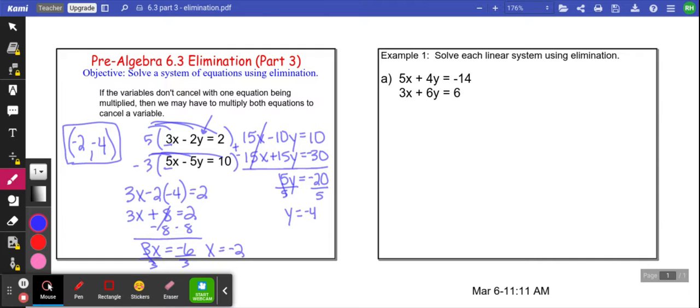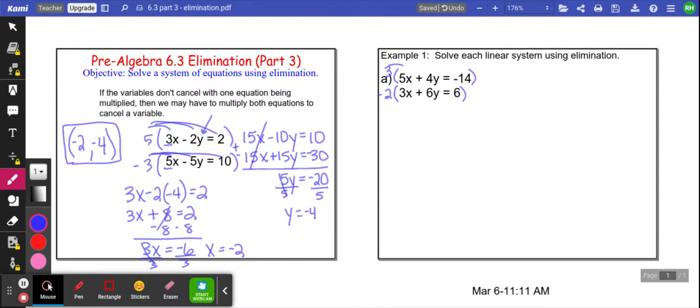So I'm going to make them both become 12 by multiplying. Now, the only thing that does for you is it makes your numbers a little bit smaller, because then the smaller number you multiply by, the smaller number you're going to get at the end. Okay, so I'm going to multiply this entire top row by 3 to make 4 become 12, and the entire bottom row by negative 2 to make this become negative 12y.